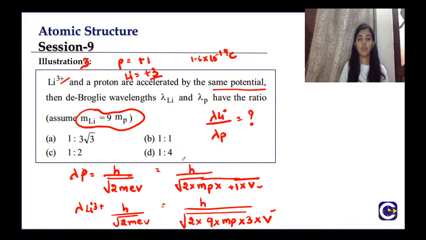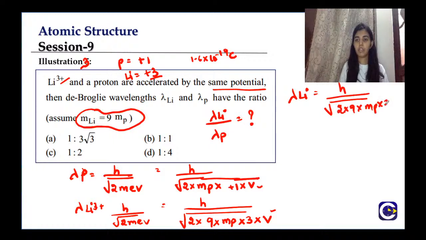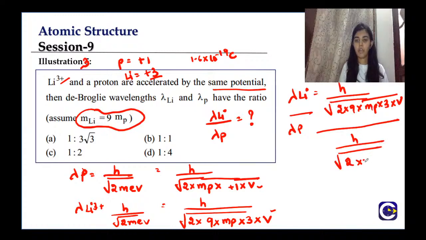Now you have to calculate lambda Li upon lambda P. So lambda Li will be h upon root 2 into 9 mp into 3 into V, divided by lambda of P, that will be h upon root 2 into mp into 1 into V.